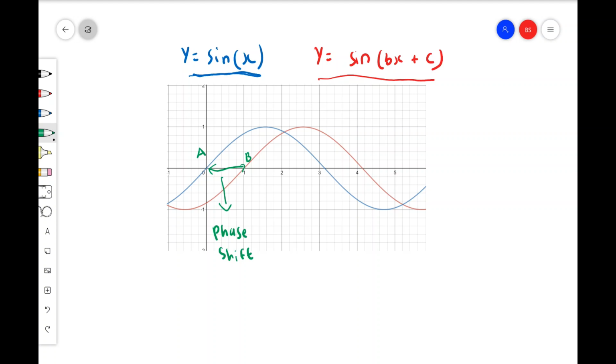We know that the sine function is 0 when the value of the angle is 0. So, point B will occur when the angle bx plus c is equal to 0, and solving for x in this equation, we get that x is equal to negative c over b. And this is the equation for the phase shift of a sinusoidal curve.